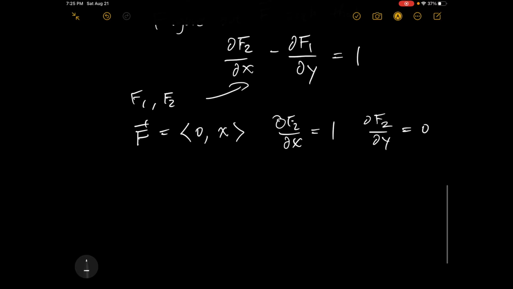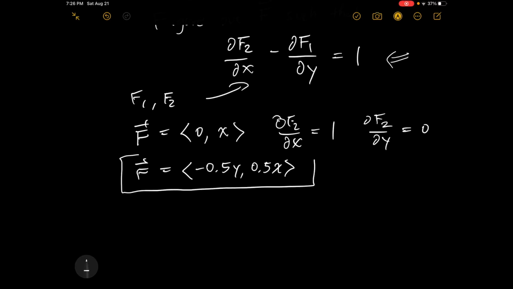And there are other examples too, but I'm just going to choose this one. Actually, the configuration of F doesn't matter as long as this condition is satisfied, so I'm just going to choose this, just for consistency's sake.